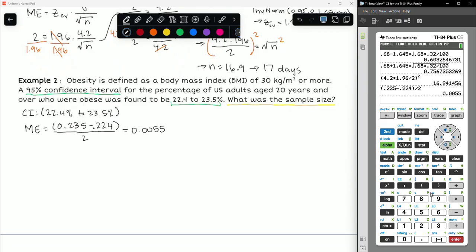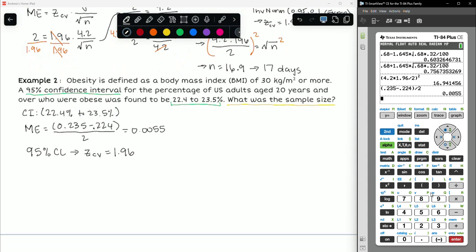I know that I've got a 95% confidence level, and since this is a percentage or a proportion, I know that means my critical value is a z-score, and we know from previous problems it's going to be 1.96.